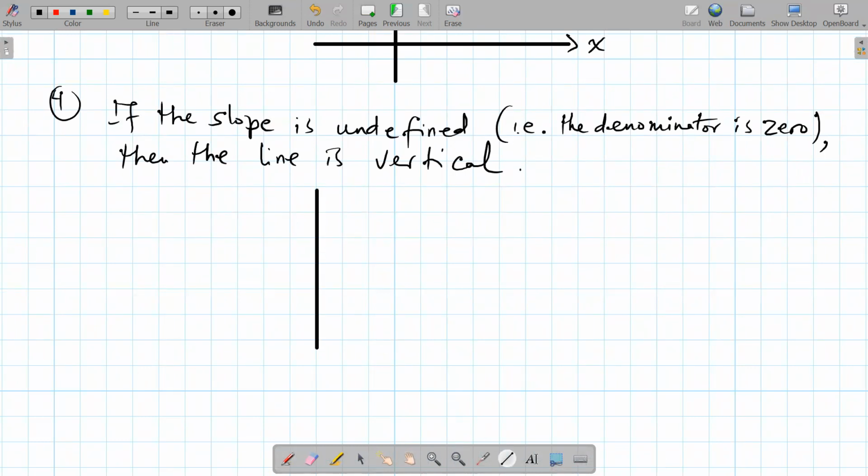Let's look at this graph here. And this is my y, and this is my x, and a vertical line, basically something like that.